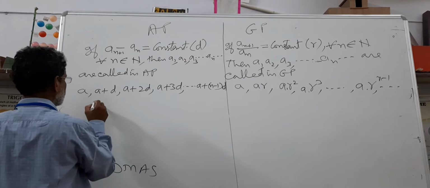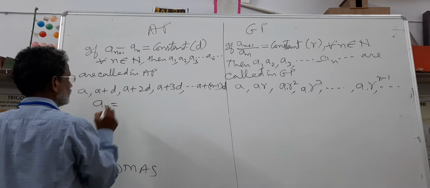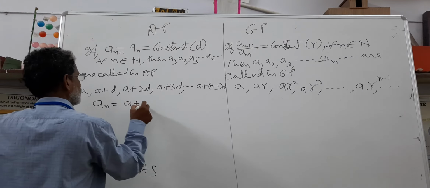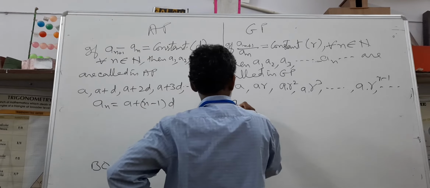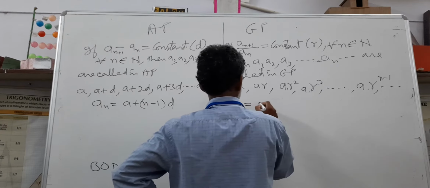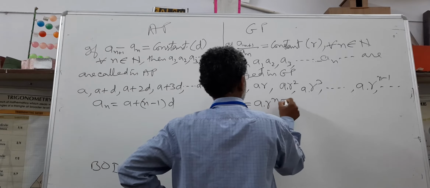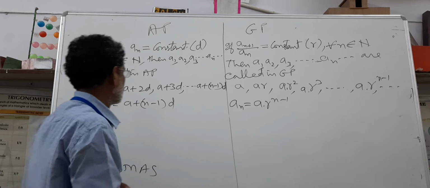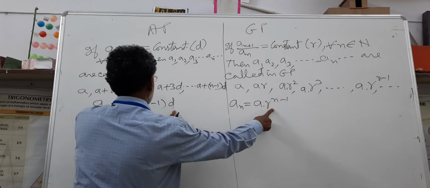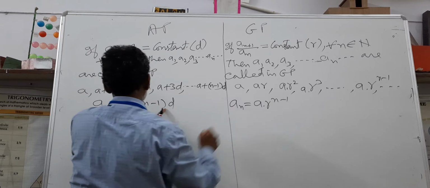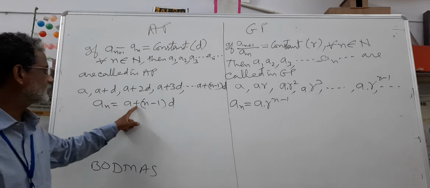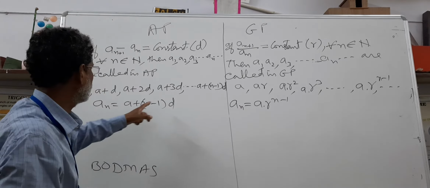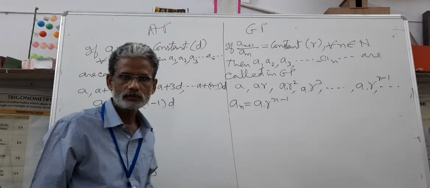In the AP, the nth term is written as a plus (n minus 1) into d, and here the nth term will be written as a into r power n minus 1. d changes to r, product changes to power, plus changes to product. The short form of addition is multiplication. The short form of multiplication is power.